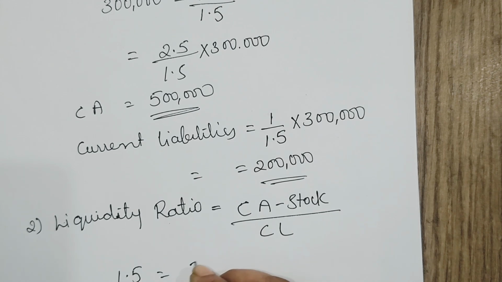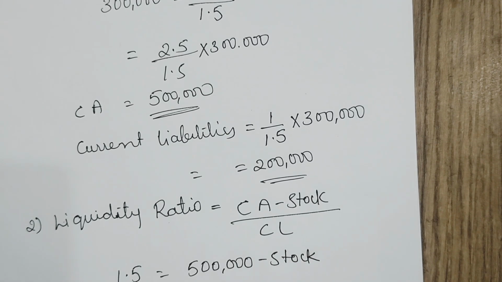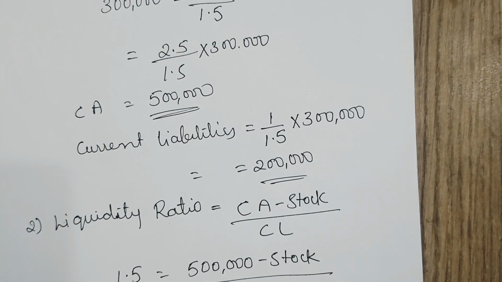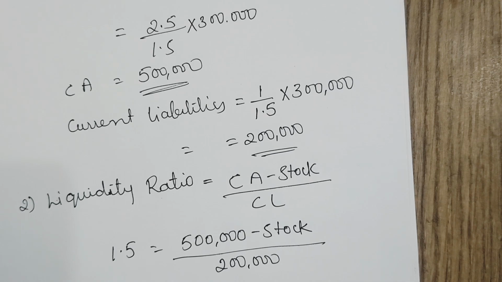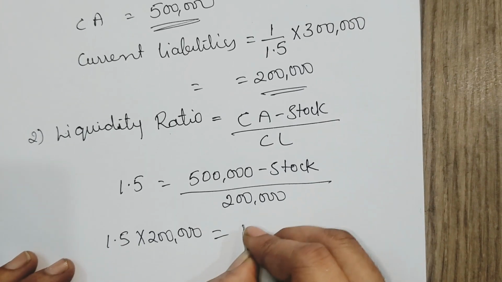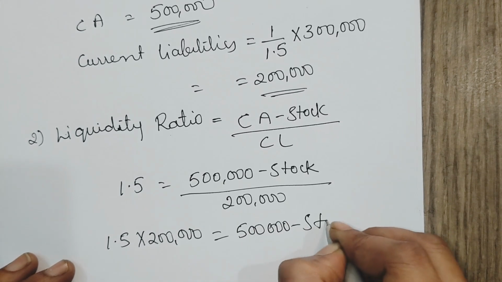We don't know the stock, but we know total current assets, which includes the stock, minus stock, divided by current liabilities, that is 2 lakh. Now 1.5 into 2 lakh is equal to 5 lakh minus stock.